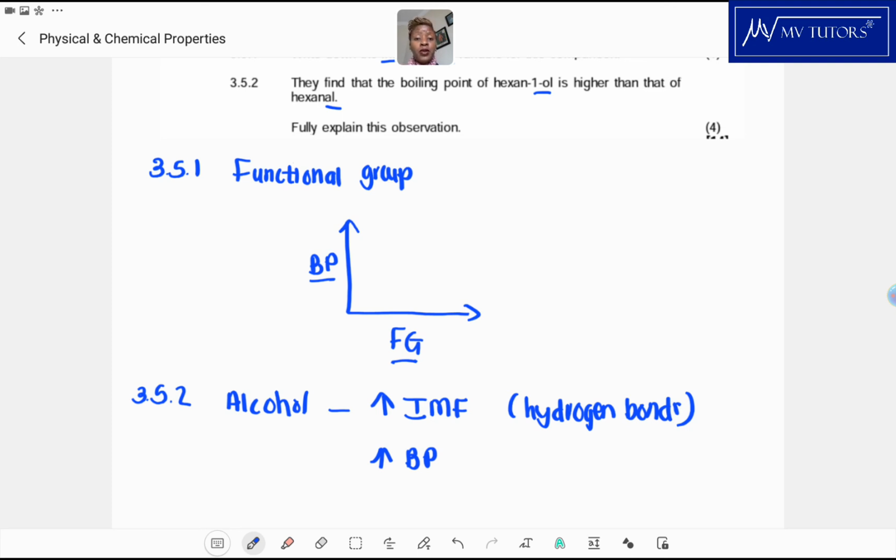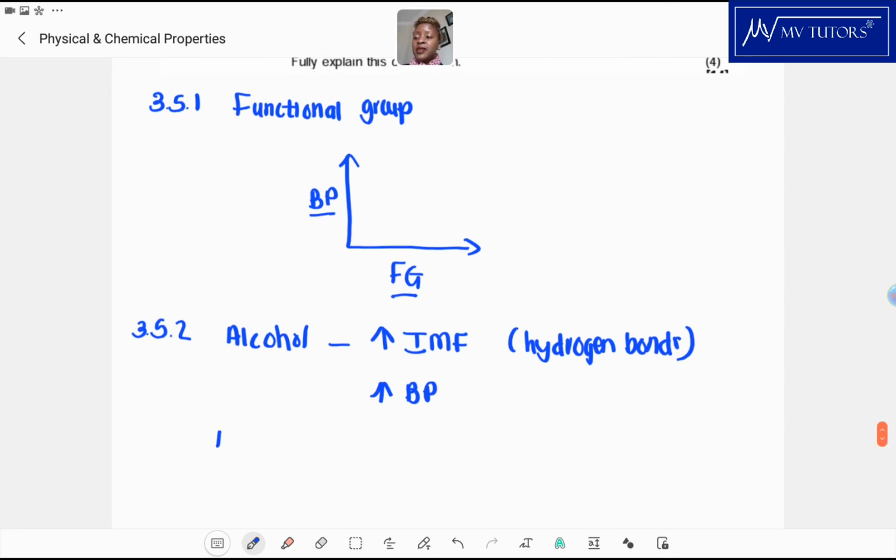It's just that you have a carbonyl group for aldehydes and a hydroxyl group for alcohols, but it all goes back to the intermolecular forces. With alcohols, because of the hydrogen bonding, there are high intermolecular forces. Therefore, you have high boiling points. But with your aldehyde, on the other hand, you have lower intermolecular forces, and your boiling point is therefore low.